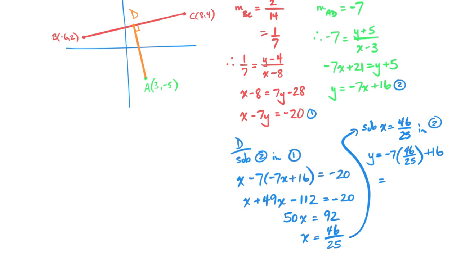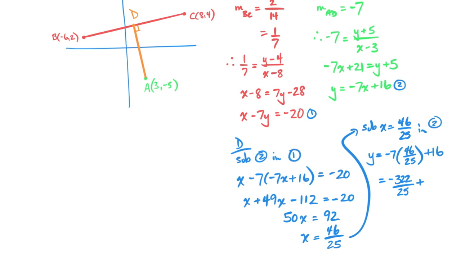I would take a first look, though. My 7 does not reduce with that 25, and we should always be looking to reduce that thing. So since it doesn't, now I'm going to multiply my 7 in. That's going to get me a -322/25. And right now, I can see I'm going to need to get a common denominator.